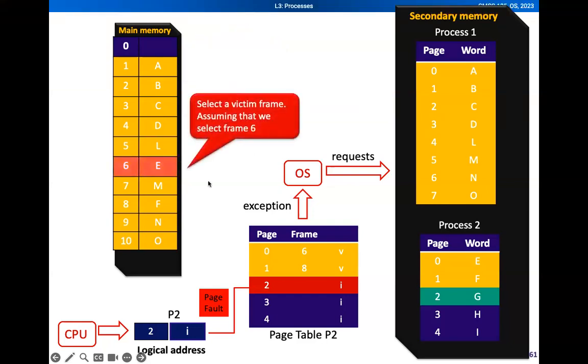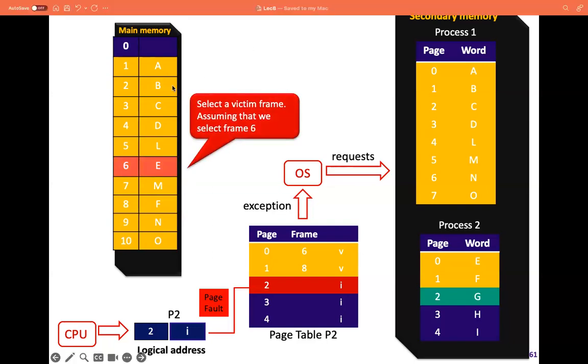The technique of page replacement is that we look for some page loaded in the main memory that is not really used anymore by the CPU. Assuming that we select this page E in frame 6, we call it the victim frame. Let's just say that E is no longer used anymore. It's just an assumption.